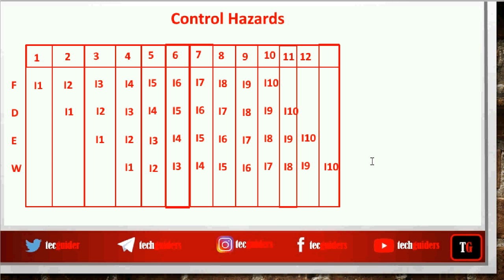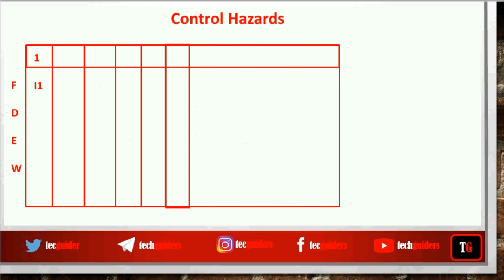So for a conditional branch instruction, if we keep on overlapping the instructions in a normal way and if the condition is evaluated to be false, then there is no wastage of CPU cycle. The effective CPI remains 1. But consider this case. In cycle 1, we fetched instruction I1. In cycle 2, we decoded I1 and fetched I2.